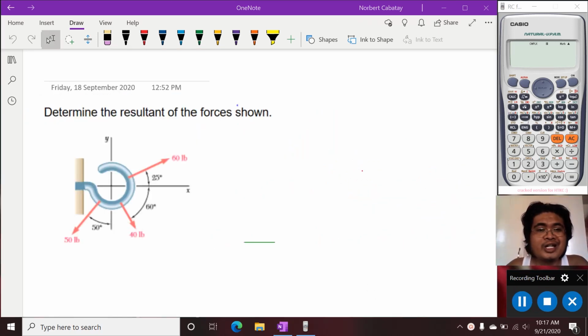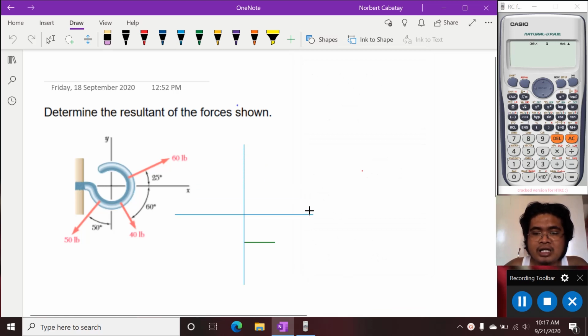Okay, so let's have another example. Determine the resultant of the forces shown. If this is our axis, let's create our FBD. I'm creating our reference axis.